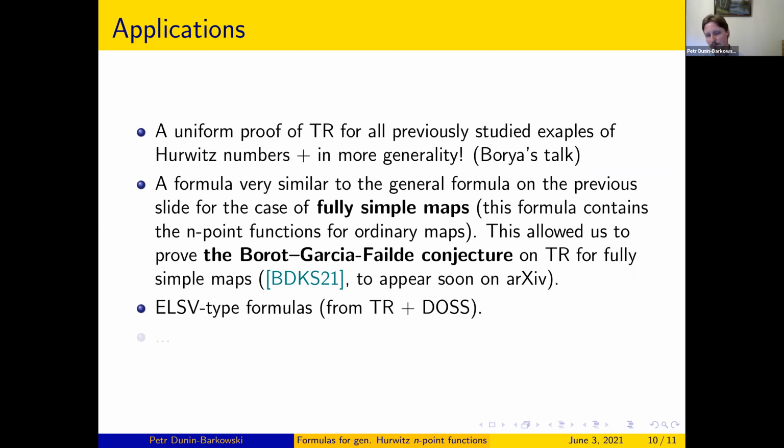For most of the cases which Danila mentioned, you can apply our formula, get the topological recursion, then apply this DOS correspondence, and get some ELSV type formula. But of course, you need to study what happens on the cohomological field theory side in order to explicitly get the right-hand side. Still, you get a uniform proof of ELSV type formulas in this way.